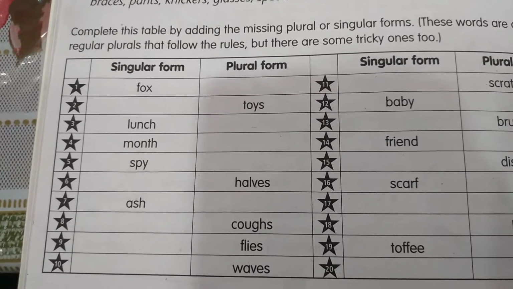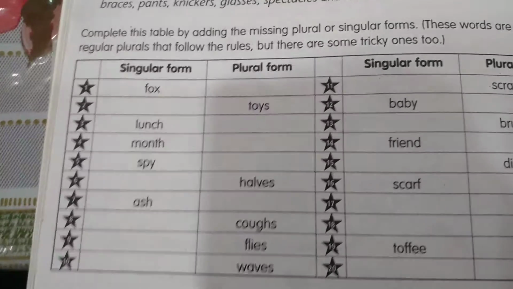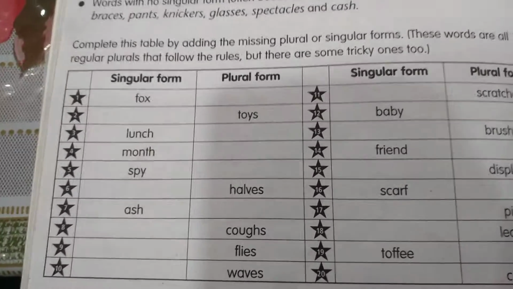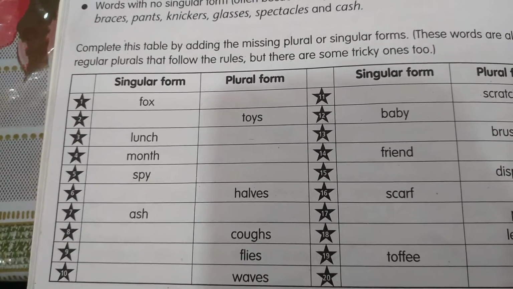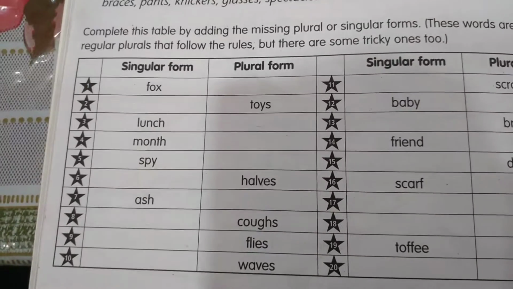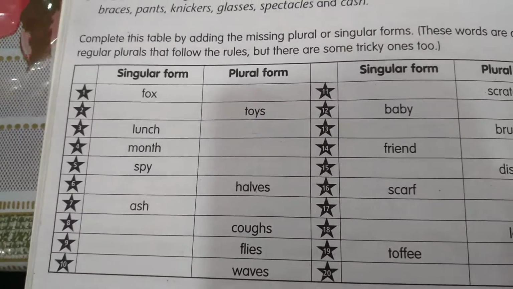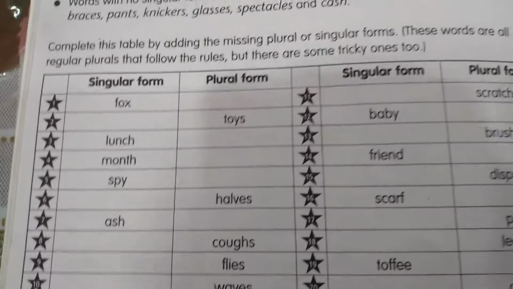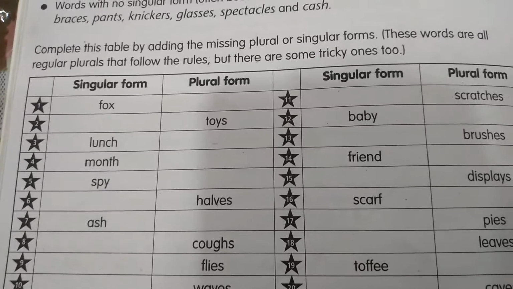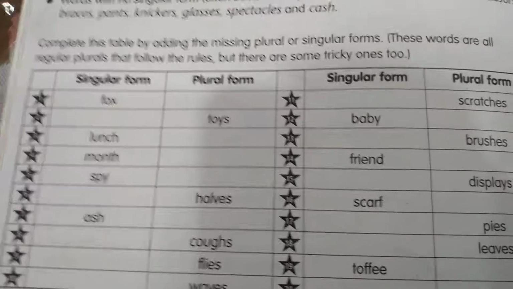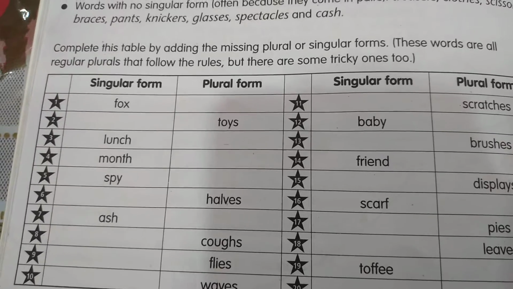Where a singular form is written, you have to write the plural form by using these rules, and where the plural form is written, you have to write its singular following these rules. So I think now, after revising the rules, you must be able to change the noun forms from singular to plural.